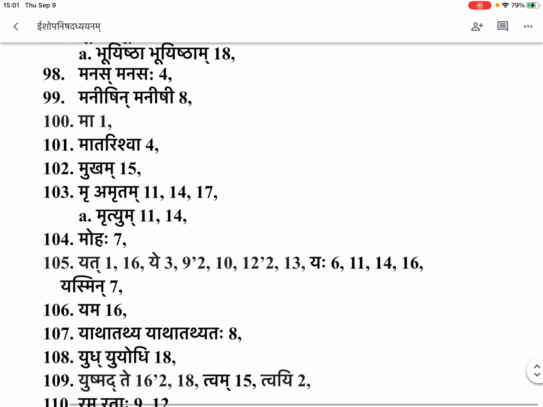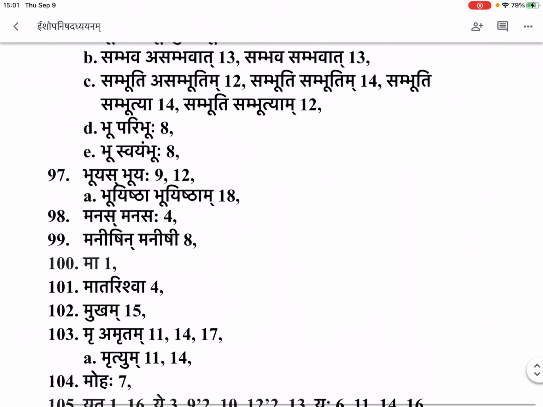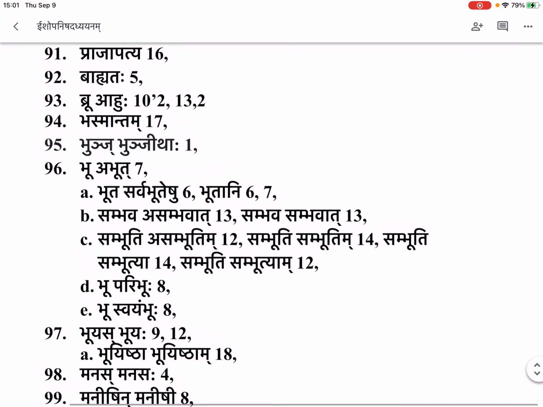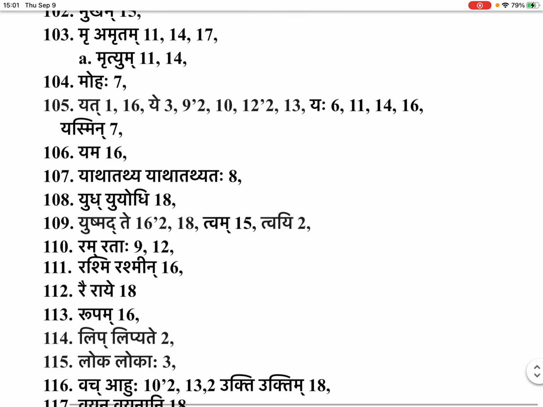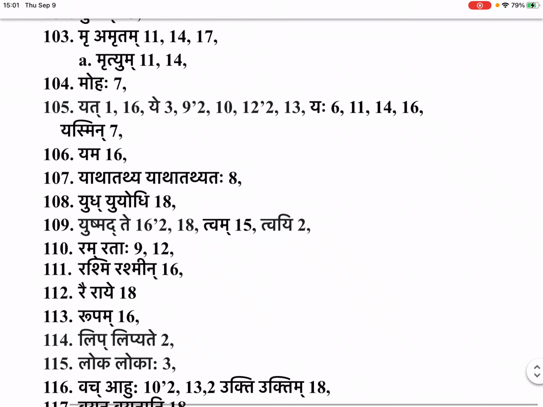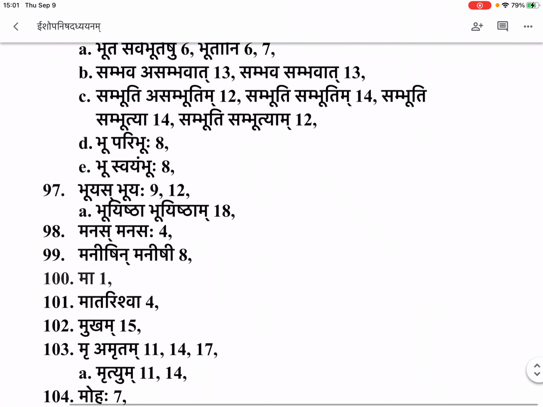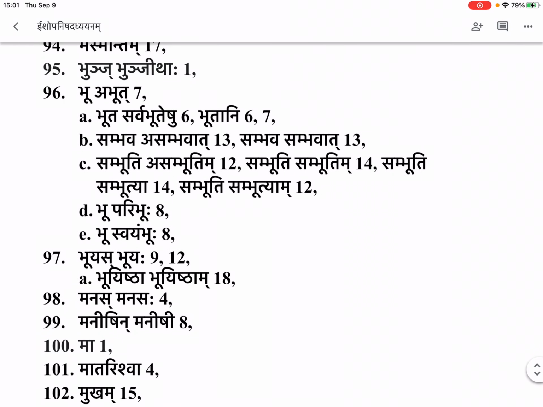So that is why I have listed ahuhu at two places. One at item number 16 for dhatuhu bru and at number 116 with dhatuhu vach. Now bhu, abhut, bhuta sarvabhuteshu and bhutani.